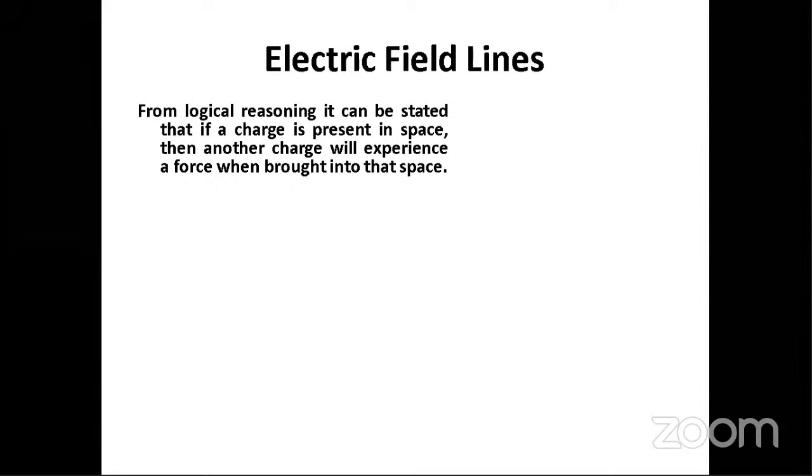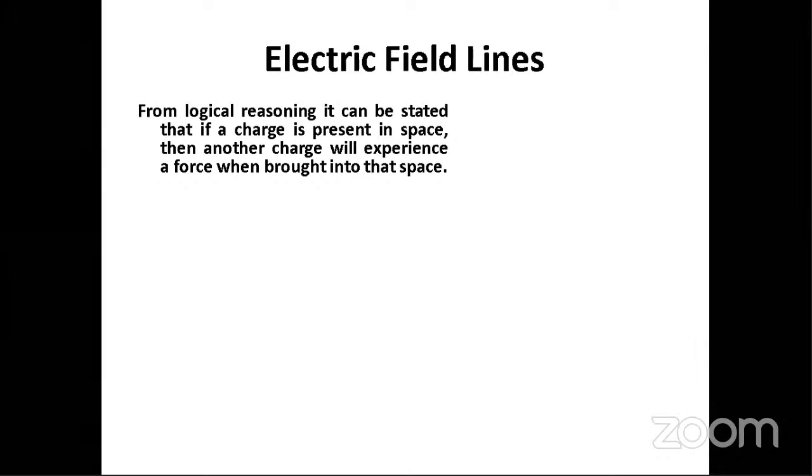Now we come to electric field lines. What does it mean? If a charge is present, and you bring some other charge towards this source charge, then it will experience some force.